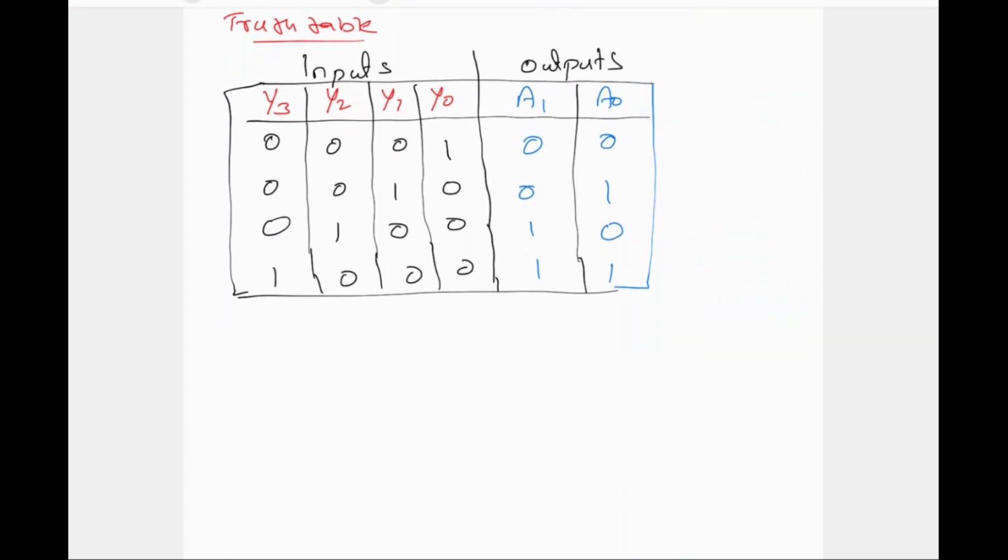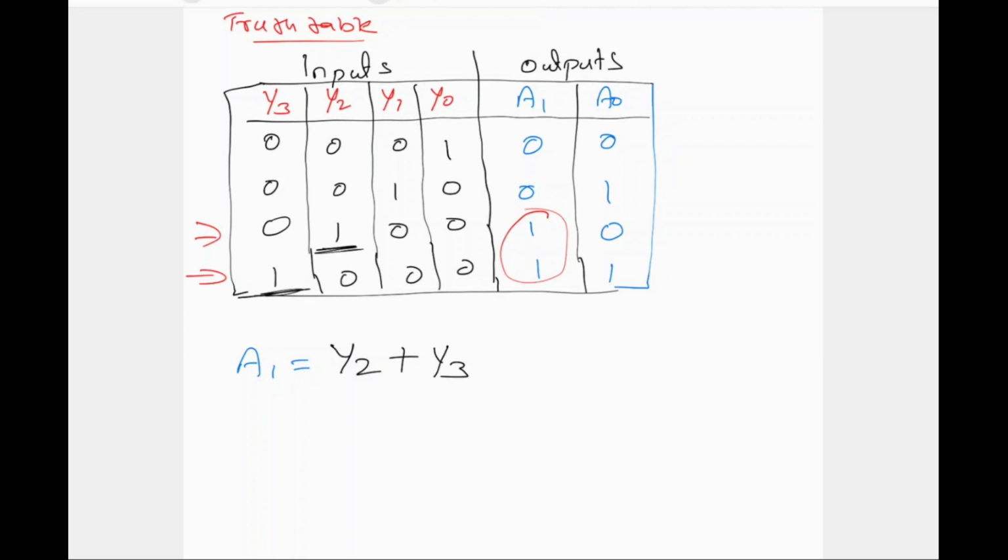And now we will find the equation for A1 and A0. So we will first find A1. Clearly you can see A1 is high in both these cases. That is, A1 is high when y2 is high, or in the second case y3 is high, that is y2 plus y3.